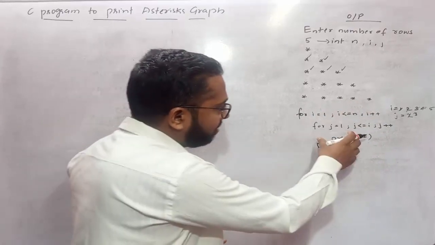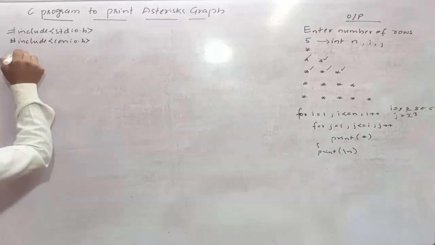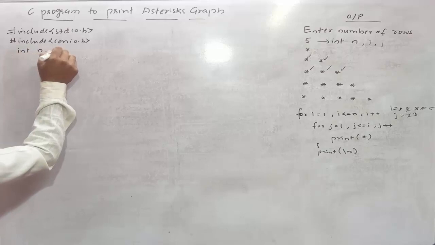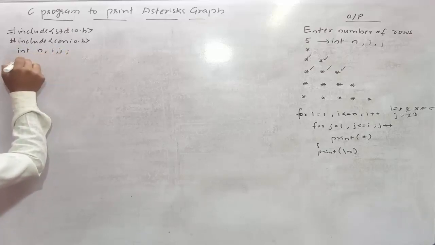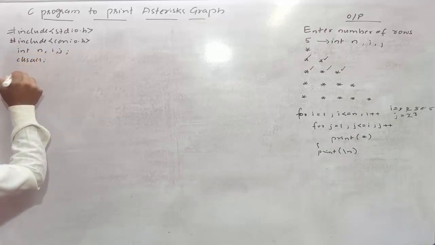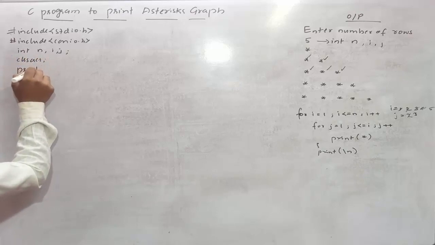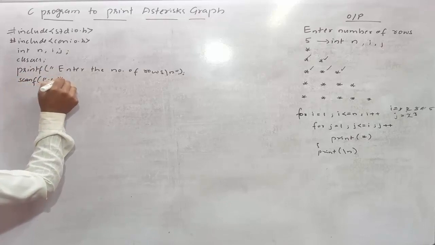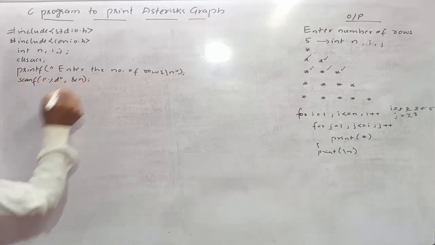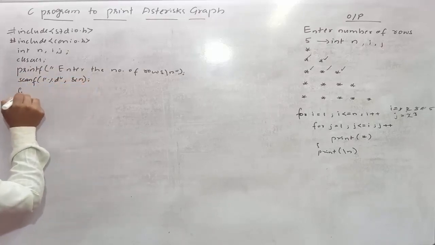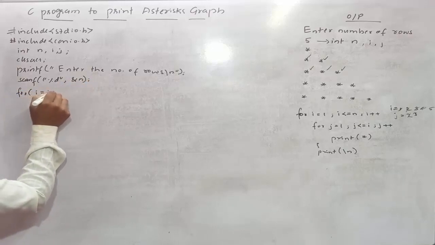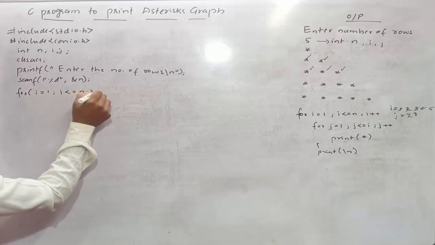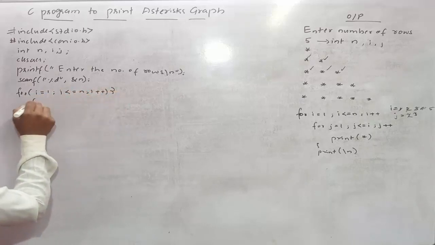So I will be using the same code to write the C program. Include header, int n, i and j, clear screen, then printf, then scanf %d ampersand n. Next, for i equals 1, i is less than or equal to n, i plus plus.